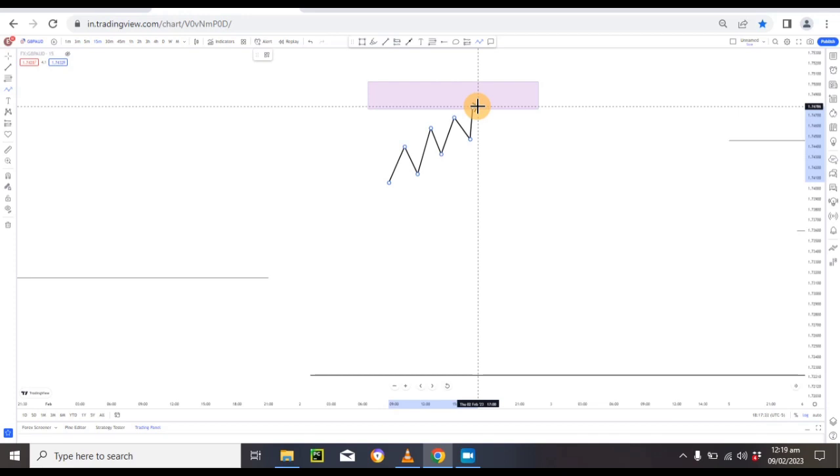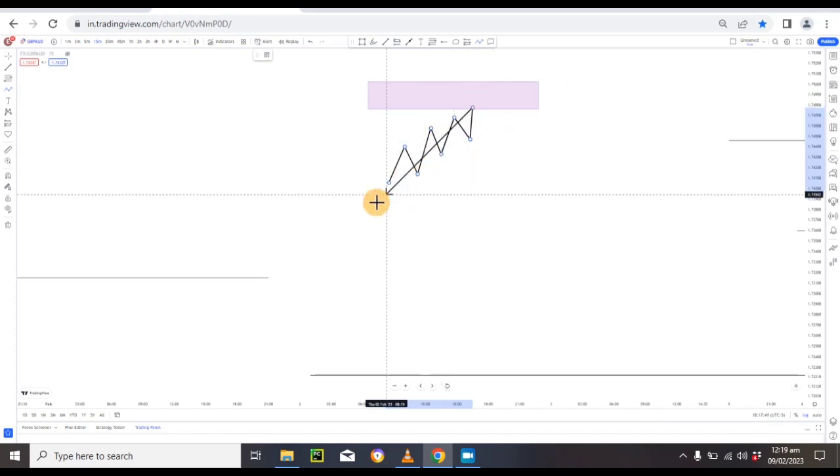So when price is approaching your POI, let's say the 15 minutes POI, that means after doing all of your analysis and getting all of the structures, selecting your POI, you know what you're looking for. One thing you notice is when price approaches your POI, it starts with a nice order flow.